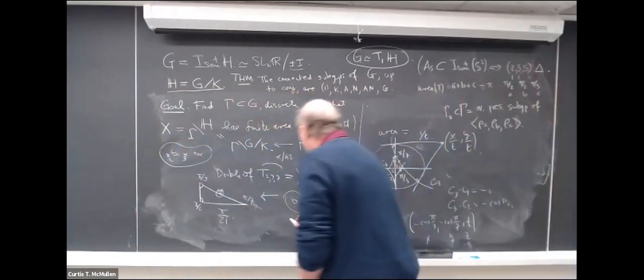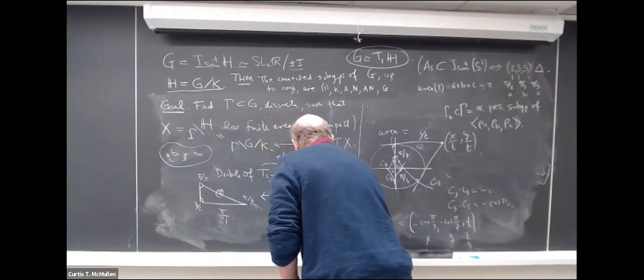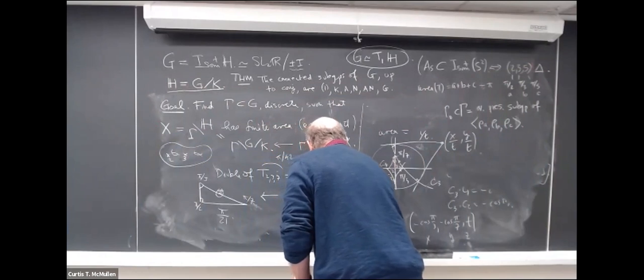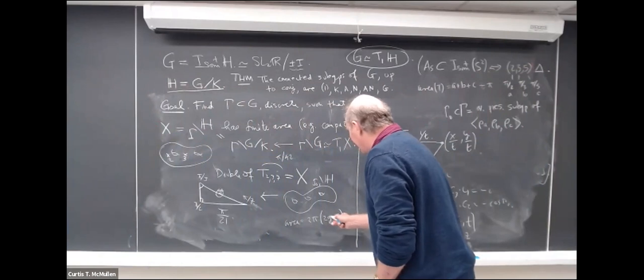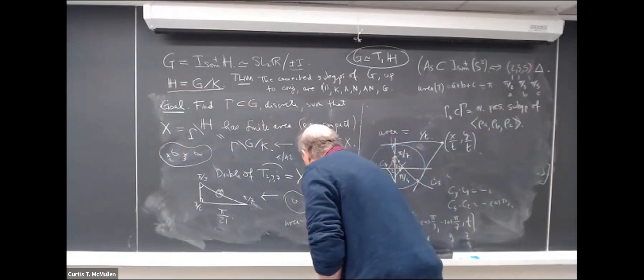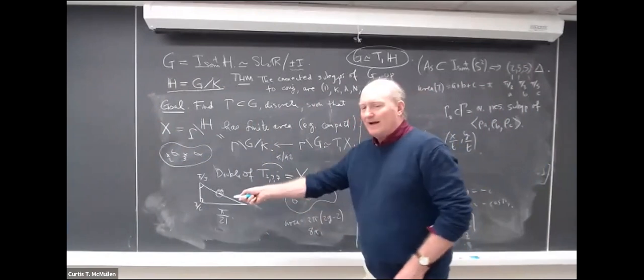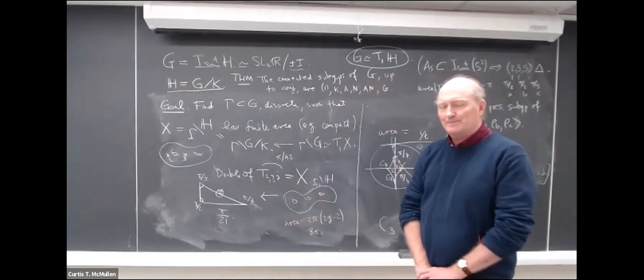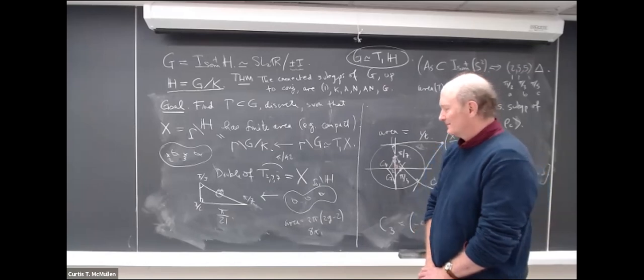Well, the area is 2 pi times the absolute value of the Euler characteristic, which is 2g minus 2. So for 3, that's 6 minus 2, 4. So this is 8 pi. So what is the degree of this covering map? Eight times 21.